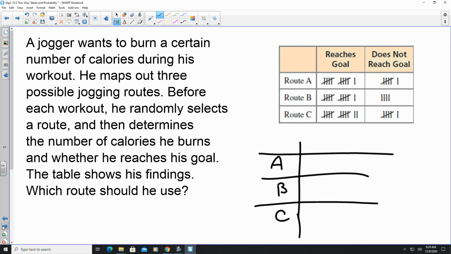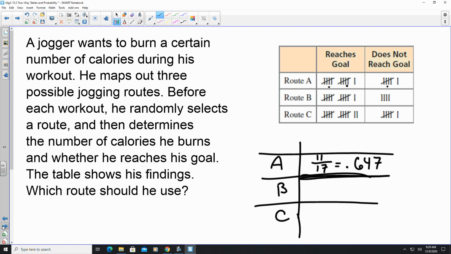What you're going to do is set these up as a ratio of did he meet his goal or not. So for A, he met his goal 11 times. So 11 out of, and then you count the total: 5, 10, 15, 16, 17. So 11 out of 17, which gets us an approximate value of 0.647.